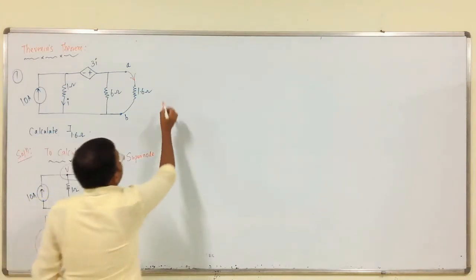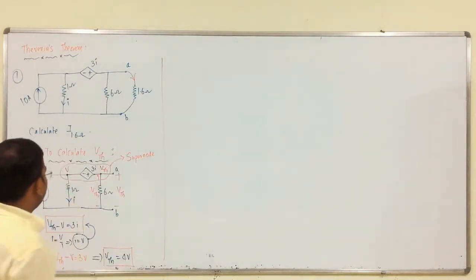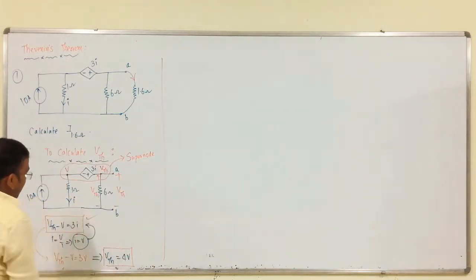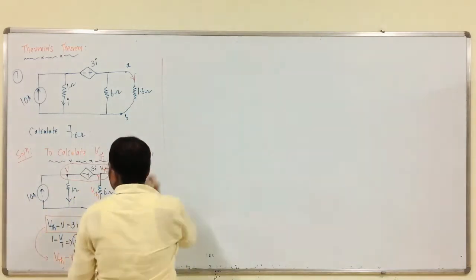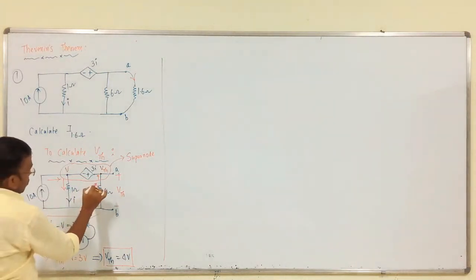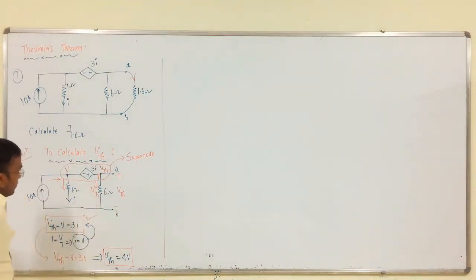Next, apply nodal analysis. With respect to the super node, this is the equation. This is the current entering the node and this is leaving, which we can assume as leaving.